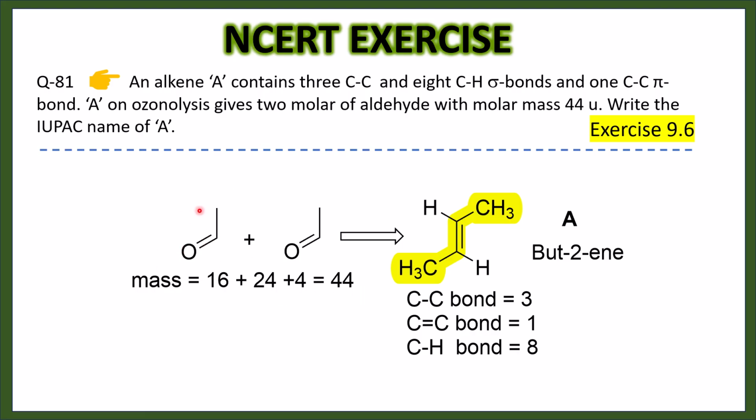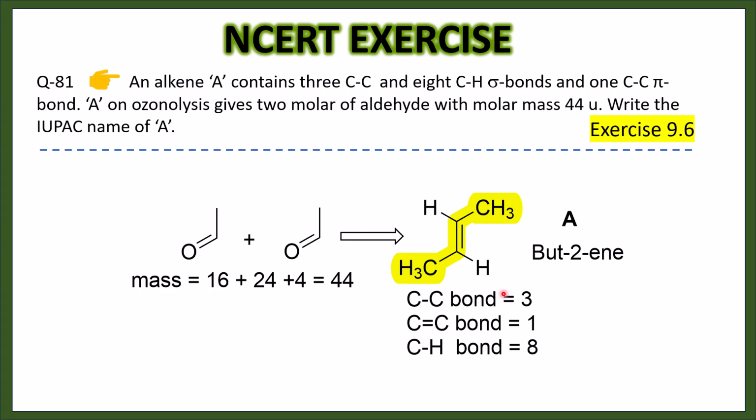That means acetaldehyde, having mass 44. If 2 moles of acetaldehyde are formed by the ozonolysis, then the combination gives the parent alkene, that means butene, trans or cis, any one.